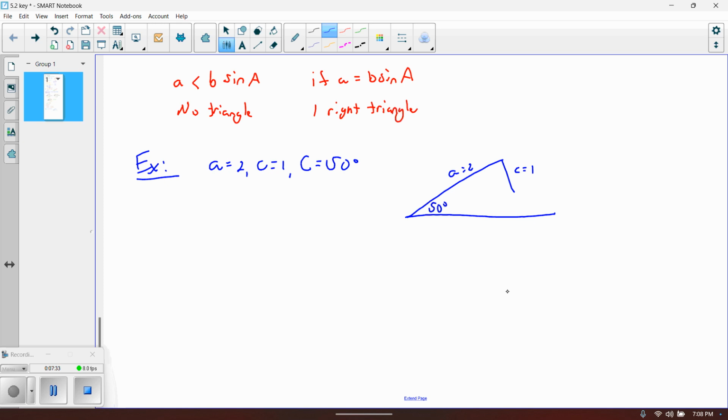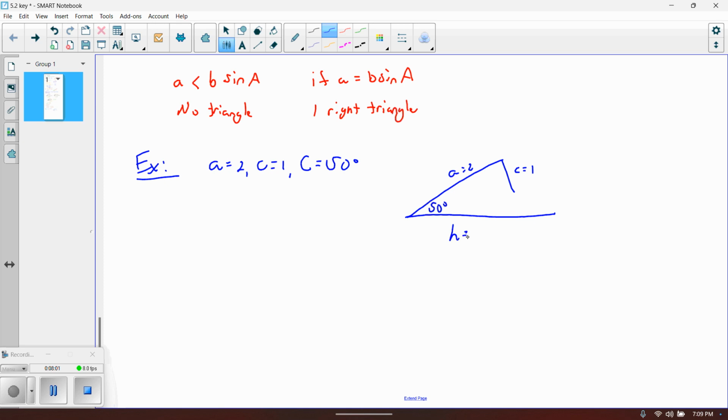So in order for us to figure out whether we actually have a triangle, that lowercase c value would have to be bigger than or equal to, in this case, A sine of 50. So 1 would have to be bigger than or equal to A sine of 50. So let's figure out what the height of this thing is.